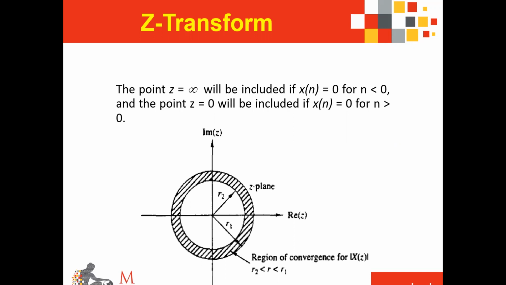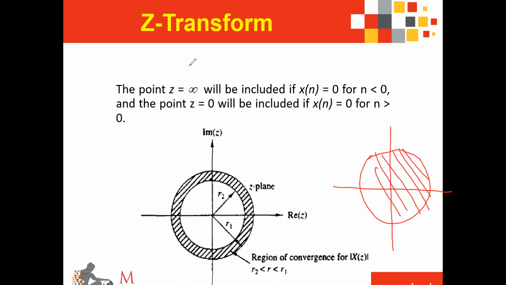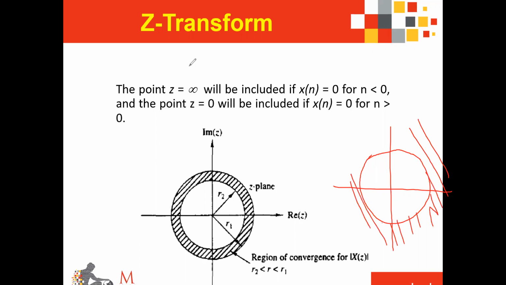That is, if you either form a ring like this, okay? Or, this is my region of convergence. This is the unit circle. It's either everything inside, that's your region of convergence, or everything outside is your region of convergence. Got it?